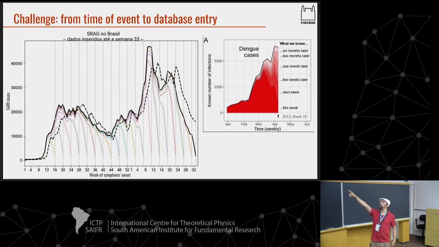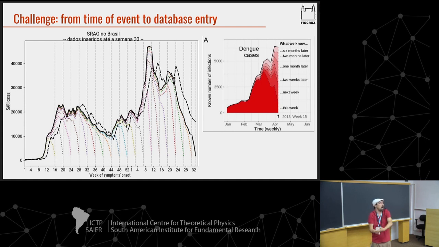Otherwise, to have this snapshot, we would have to come up with a system, for instance, that every week we take a snapshot of the database and we compare what we had last week to what we have now and look at the difference in terms of number of new cases for the same previous weeks, okay? So it's a way to go the other way around.